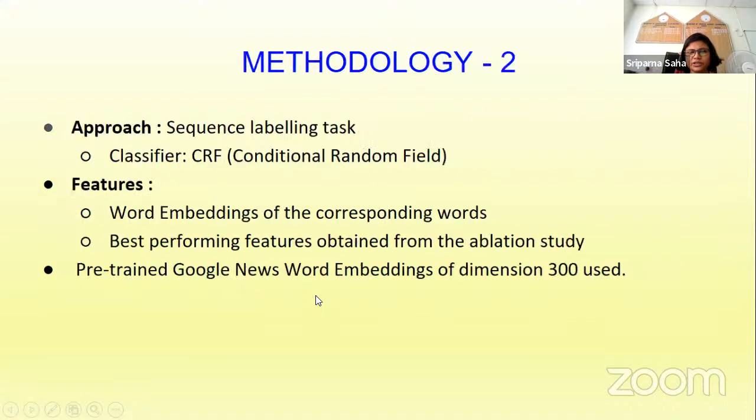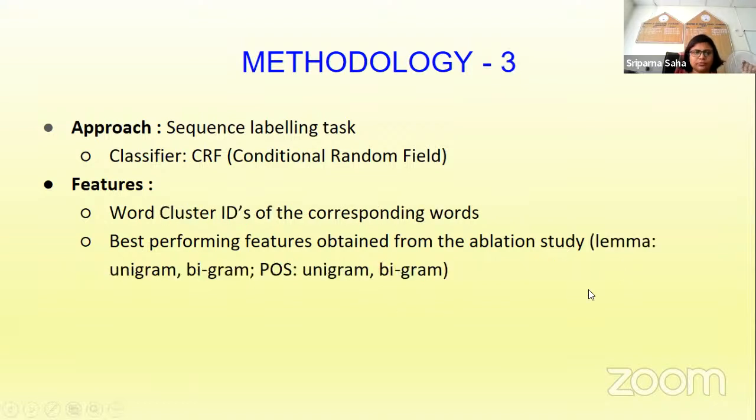Those features are added with the word embeddings, so we generate a long feature vector that is used for training the CRF model. CRF is a machine learning classifier, and we are using it as the classification framework here. Pre-trained Google News word embeddings of dimension 300 are used.